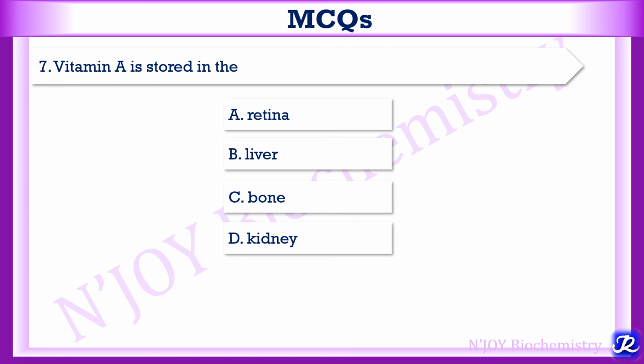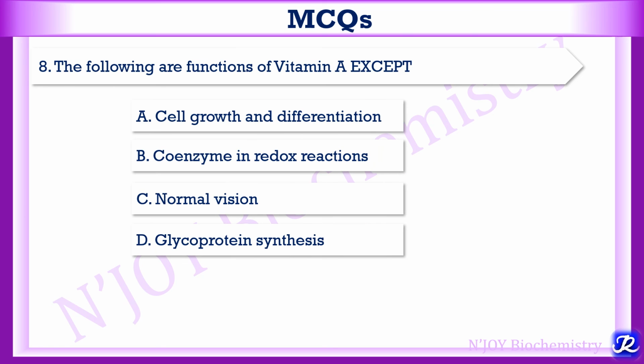Vitamin A is stored in: A, retina; B, liver; C, bone; or D, kidney. We know that it is stored in the liver. 90% of vitamin A is stored in the liver in the form of retinyl palmitate, and as and when it is required, it is released in the form of retinol and transported in the circulation bound with retinol binding protein and albumin.